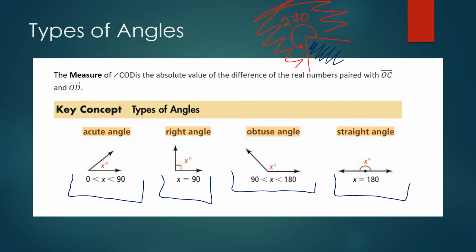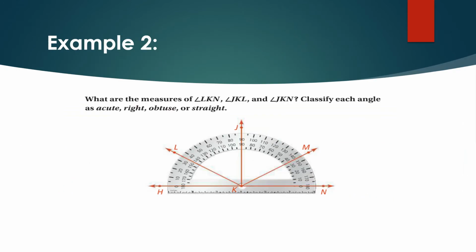Because of this, we don't deal with angles more than 180 degrees. What we would do in this situation is just measure the smaller of the two angles. And then we would have a clearly defined interior and a clearly defined exterior.